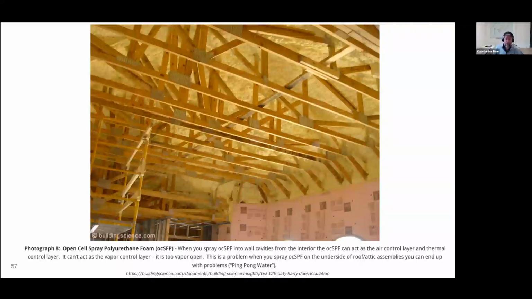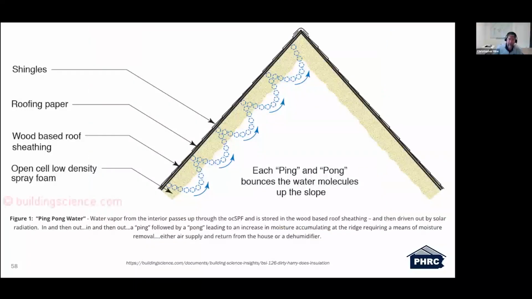You can end up with problems, ping pong water. And this is what that means, right? When you have an open cell spray foam that's vapor open, it's not a class 2 vapor retarder, which is specified for 5 and 6. It's vapor open.